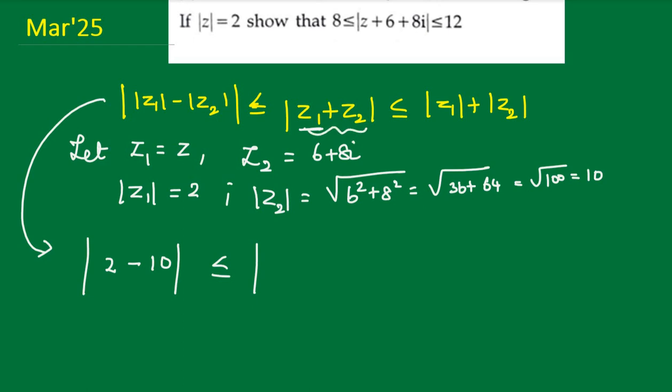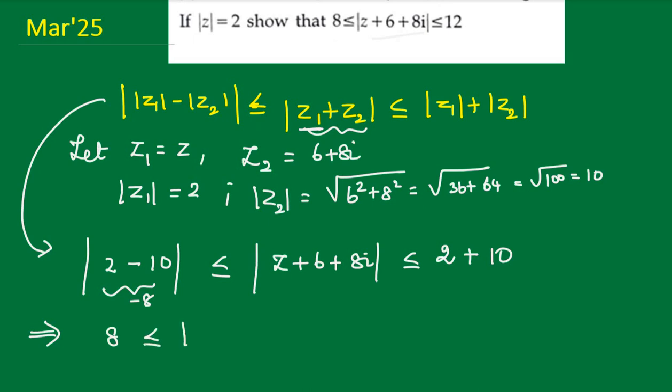This must be written as it is given in the question: z plus 6 plus 8i, less than or equal to modulus of z1 plus modulus of z2, which is 2 plus 10. This gives us modulus of 2 minus 10 is equal to minus 8. Modulus is taken, so we get 8 less than or equal to modulus of z plus 6 plus 8i is less than or equal to 12, and hence proved.